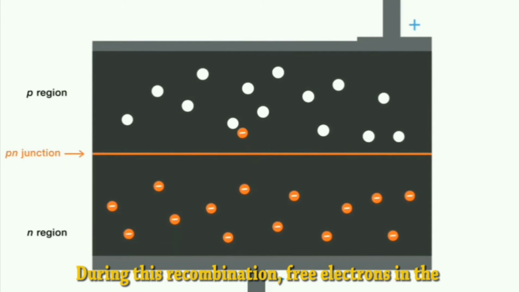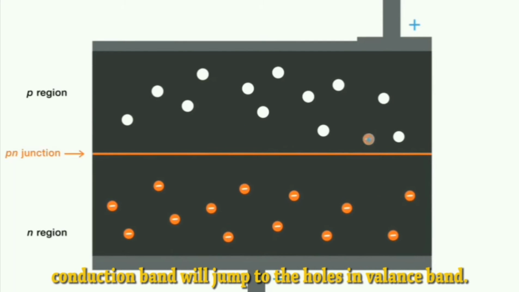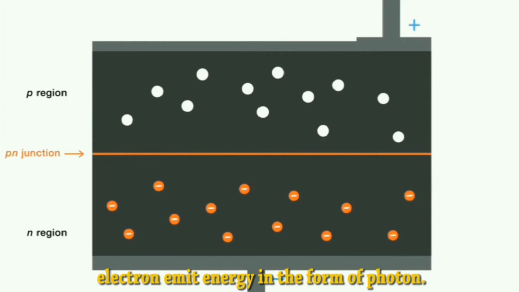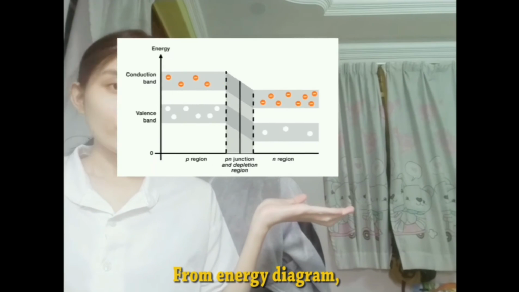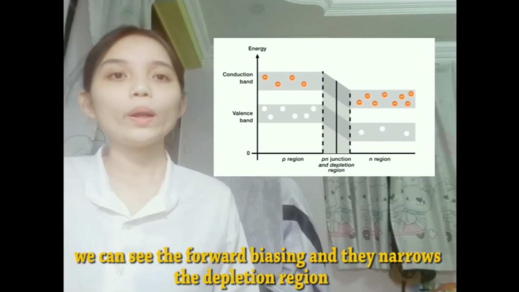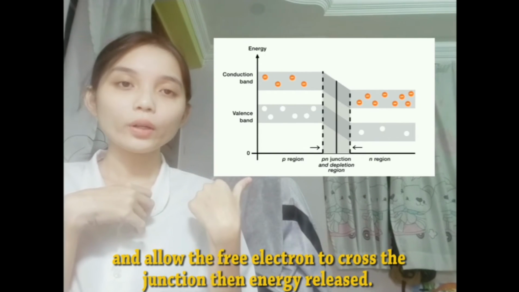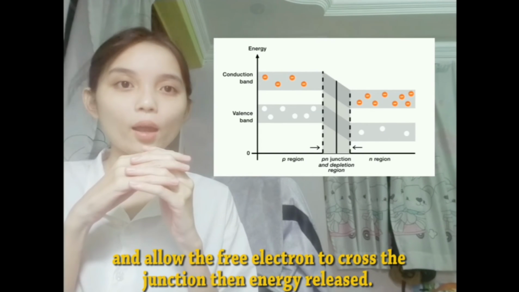During the recombination, a free electron in the conduction band will jump to the hole in the valence band. During the jump, the electron emits light in the form of a photon. From the energy diagram, we can see the forward biasing narrows the depletion region and allows the free electrons to cross the junction, then energy is released.